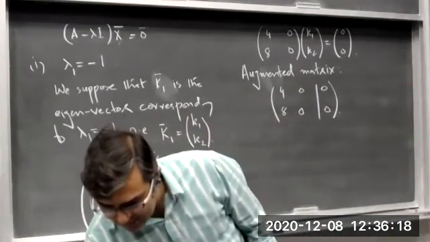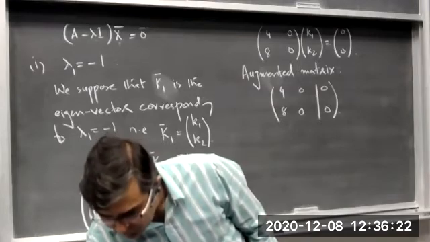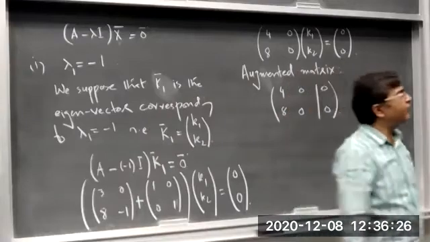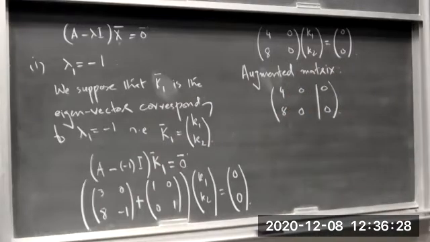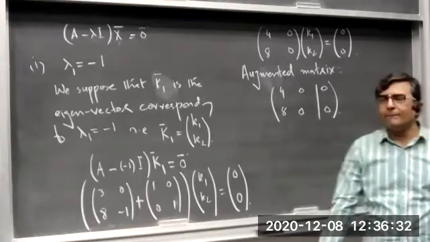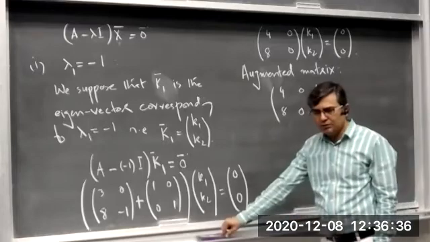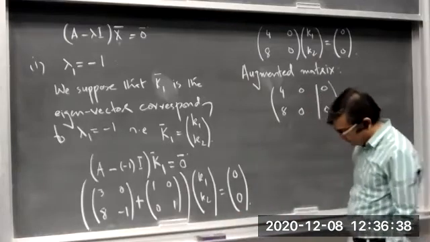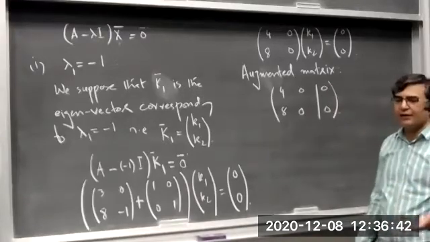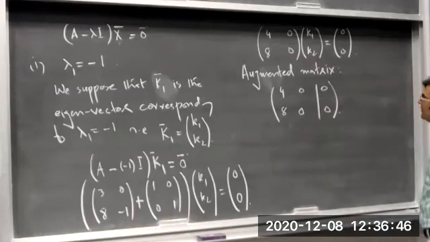I hope you know what echelon form or reduced echelon form is. Everybody knows? If anybody doesn't, he can ask me any question. You have already studied echelon form and reduced echelon form in your Math 120 linear algebra course.